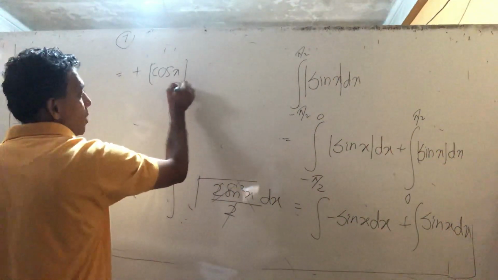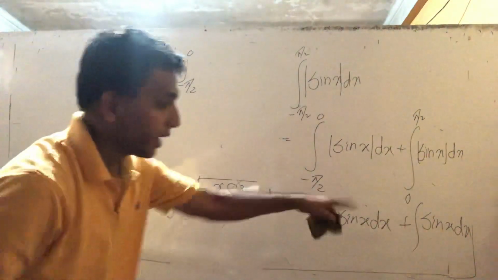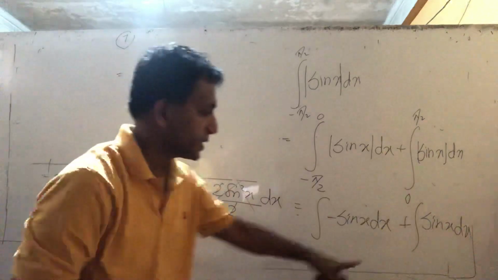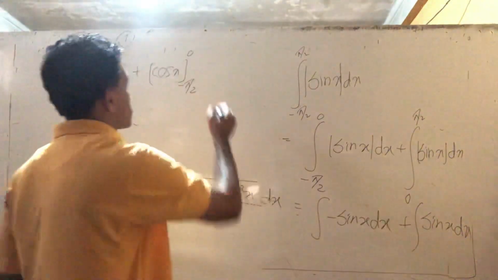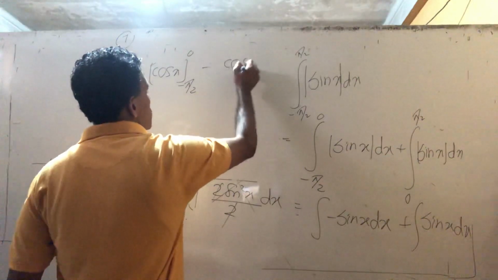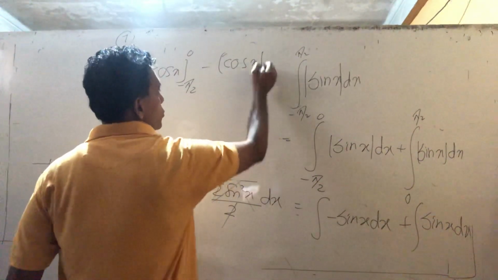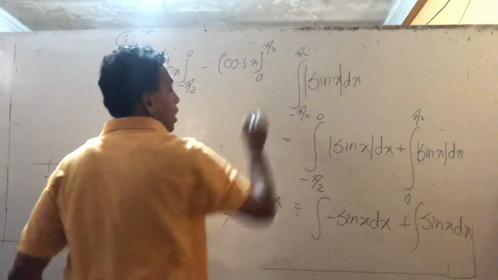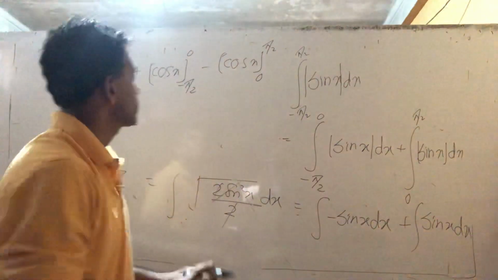Boundaries minus pi by 2 to 0. And there it becomes minus: sine integration is minus cos, therefore minus cos x, boundaries 0 to pi by 2. Now apply the boundary and you can get the exact solution.